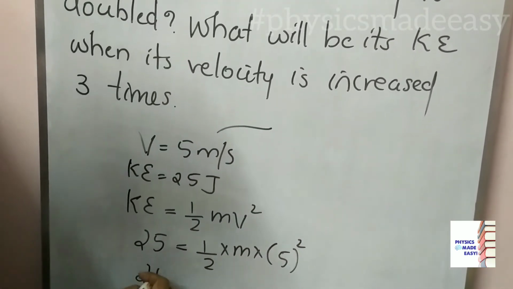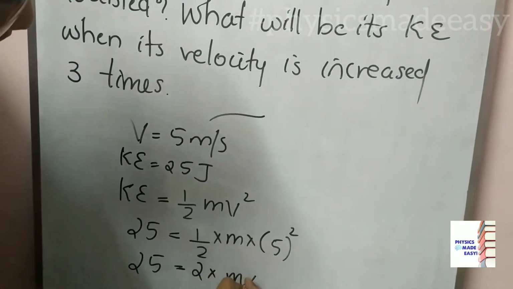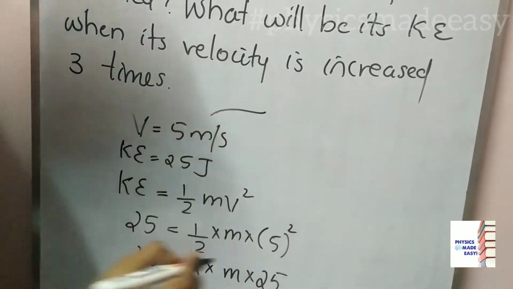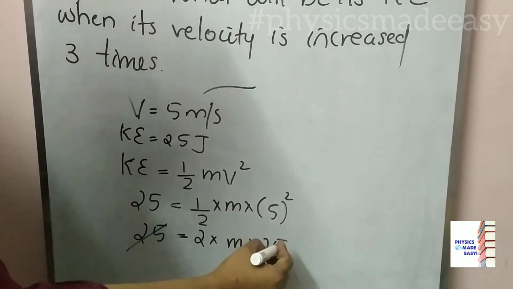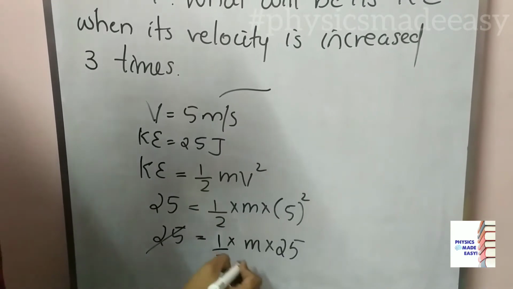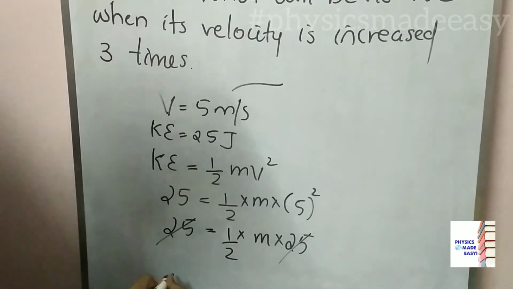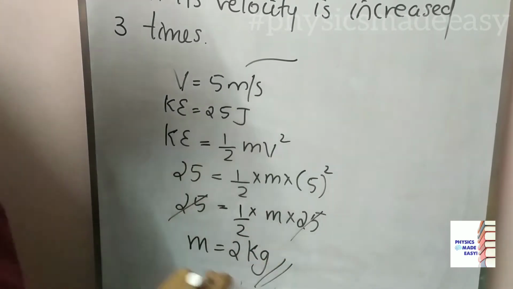So here 25 is equal to half into m into 25. Sorry children, here this is half. You can cancel this 25 and 25, then you will get mass is equal to 2 kilogram. Now we have the mass.